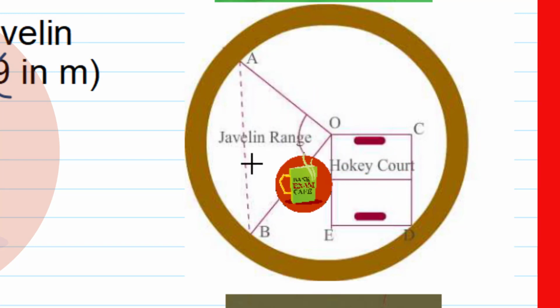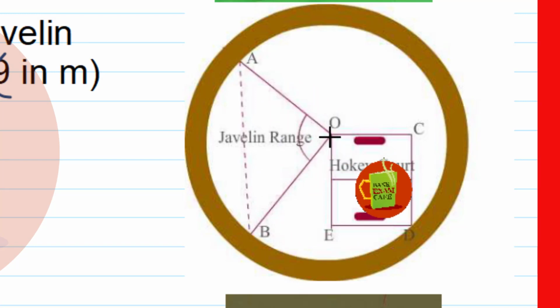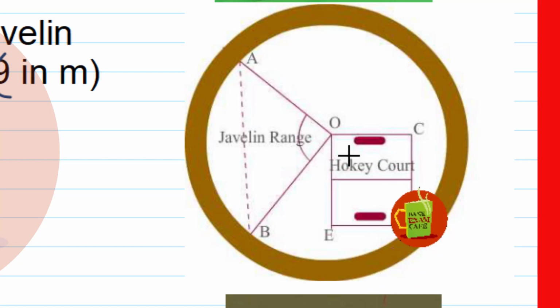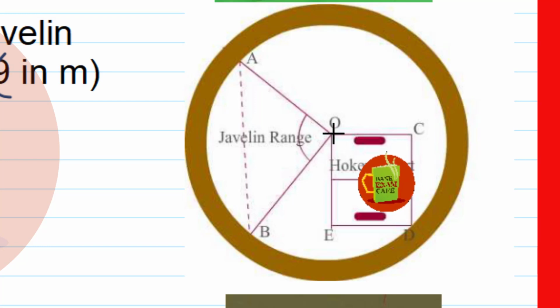It means the perimeter of this triangular field and the perimeter of this square field, which together will give you the length of the fence. So the total length we get by adding the perimeter of this triangle and the perimeter of this square.